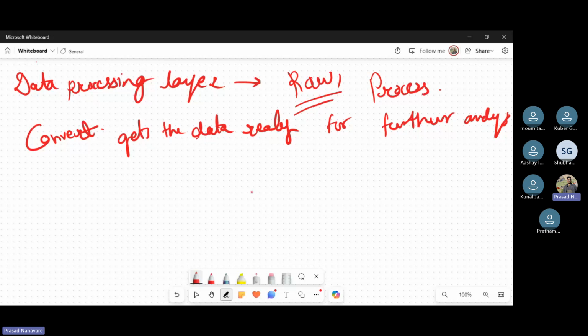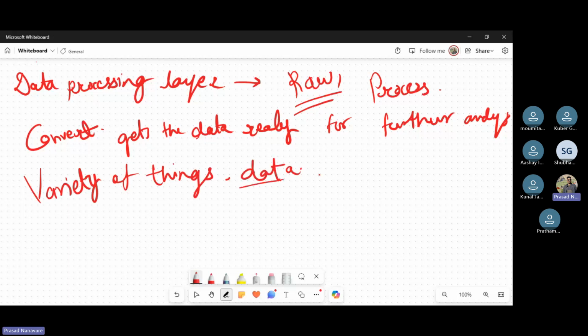So it is a variety of things related to data. I said one word, data processing. It means everything that comes to your head with respect to data processing lies under this layer only, no other layer.